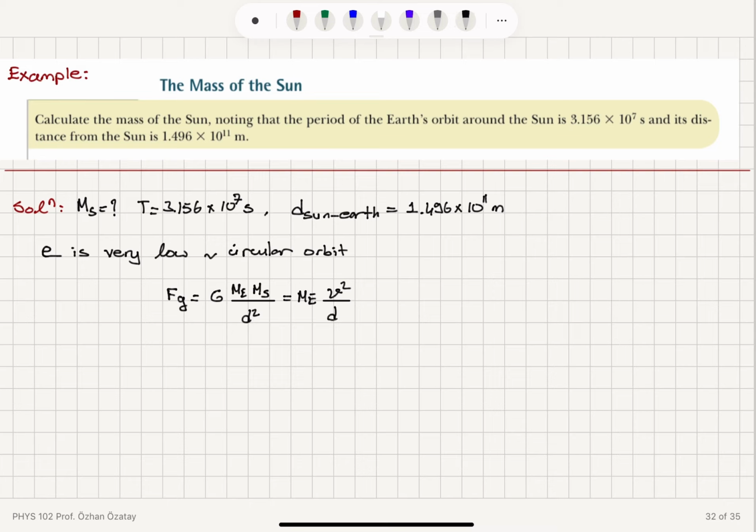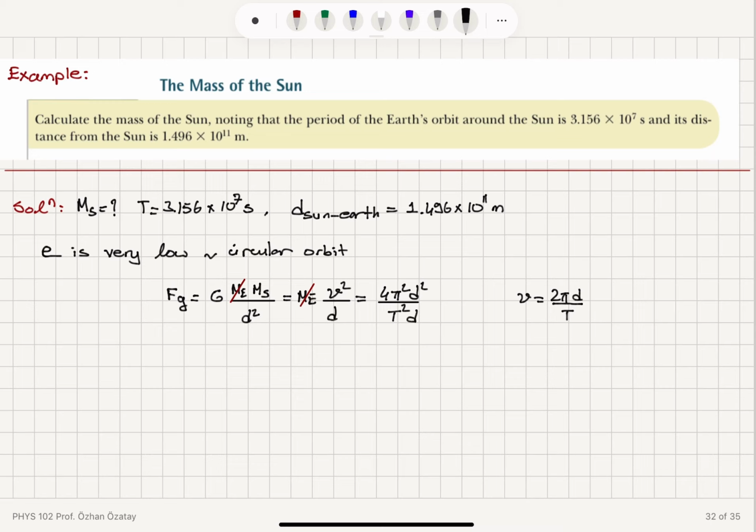Now you can see that the mass of the Earth will cancel here, and for v we will substitute 2 pi d divided by the period T. So this is going to become 4 pi squared d squared divided by T squared d.